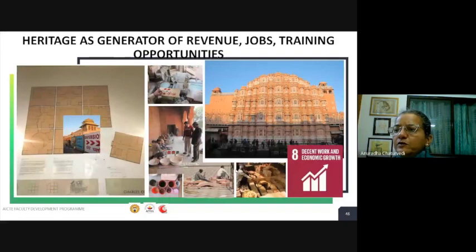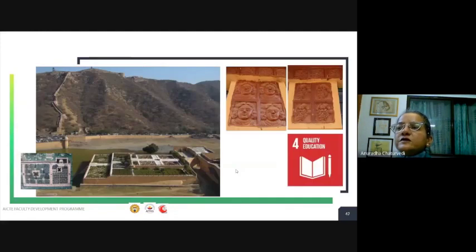So it's important to understand the necessity for seeing heritage as a resource which will help to achieve SDG 8, related to decent work and economic growth. Heritage is a generator of revenue, of jobs, of multiple training opportunities.